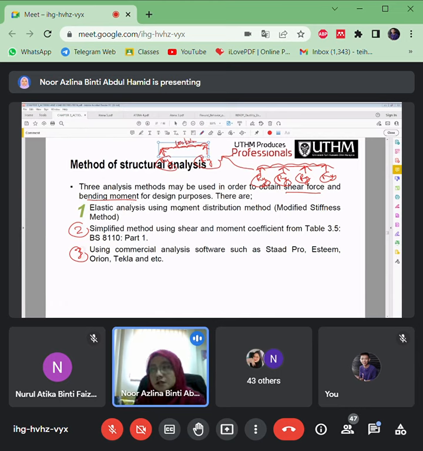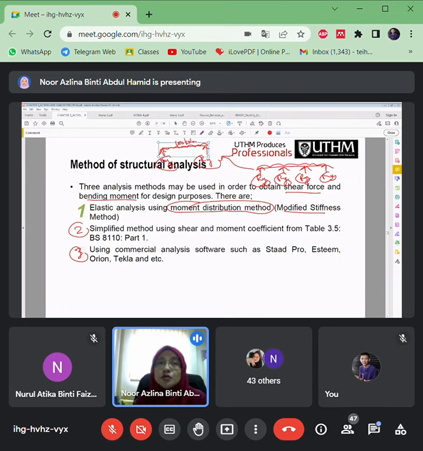The first method is the moment distribution method, which we also call a modified stiffness method. So this method you already learned before in the structural analysis subject, kan? Oh, tu macam dah tak ingat kan. So in this method you need to distribute the moment.